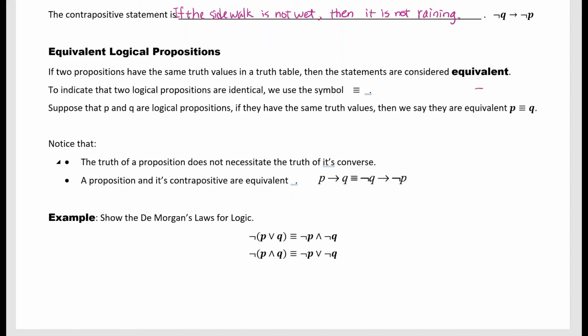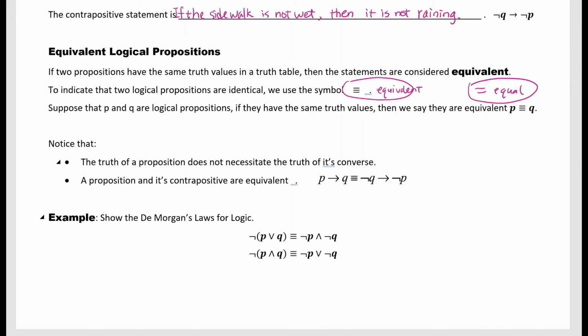Two horizontal line segments means equal, and three horizontal line segments means equivalent. Suppose P and Q are logical propositions. If they have the same truth values, we say they are equivalent.